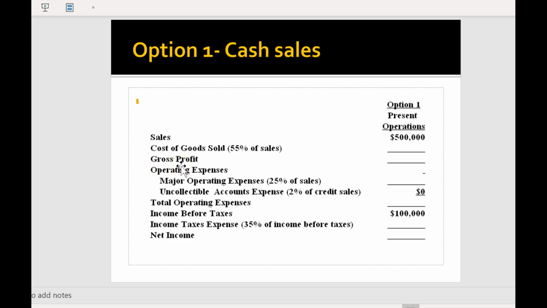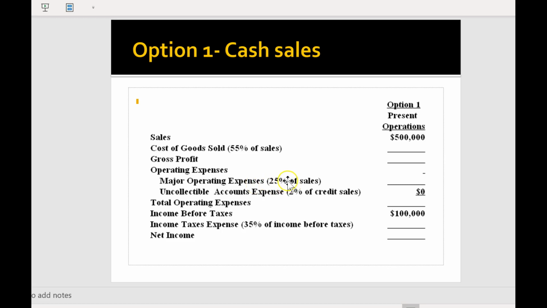Now, after gross profit, we will see that the company incurs some expenses like utilities, phone bills, insurance expenses, wage expenses, and so on and so forth. Those are operating expenses, 25% of sales. So operating expenses are proportional to sales.